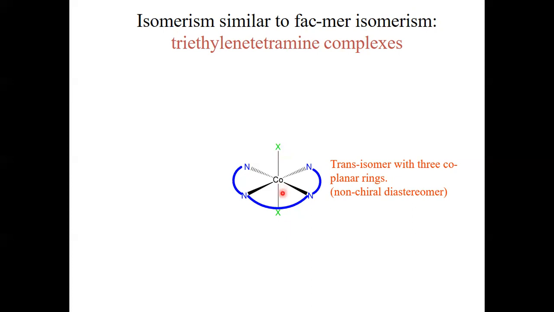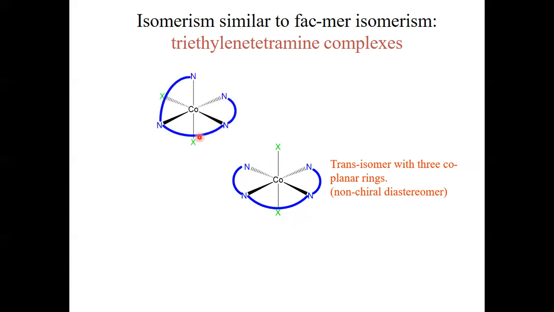We can easily see that there are mirror planes in this molecule, and because that molecule is not chiral, there can't be an enantiomer to it that would be its mirror image, because enantiomerism always requires chirality. So this must therefore be a non-chiral diastereomer to other possible isomers. So now, what are the other possible isomers?